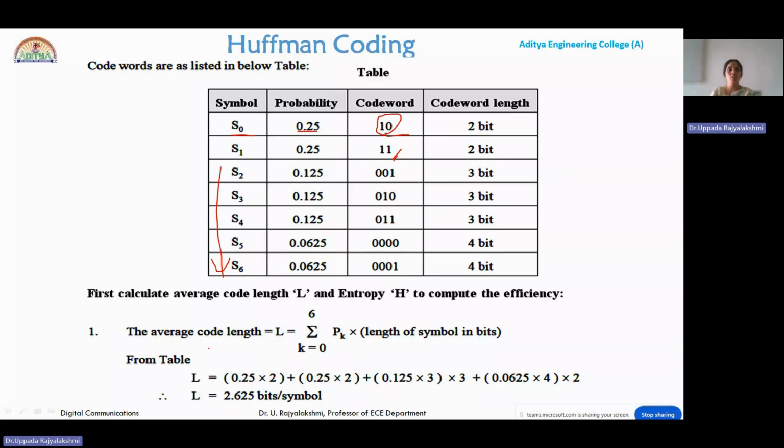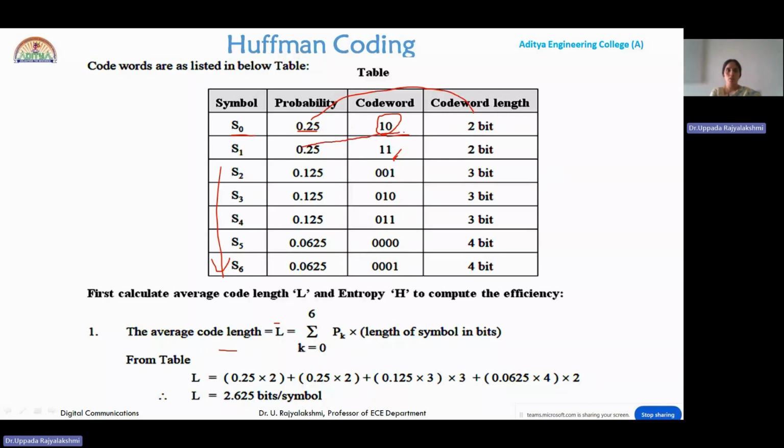Next, we will calculate the average code word length, entropy, and efficiency. We will use the same expressions as what we followed in the Shannon coding procedure. First is to calculate the average code word length, which is the summation from k equal to 0 to 6, that is a total of 7 symbols, of the product of probability and its individual length.